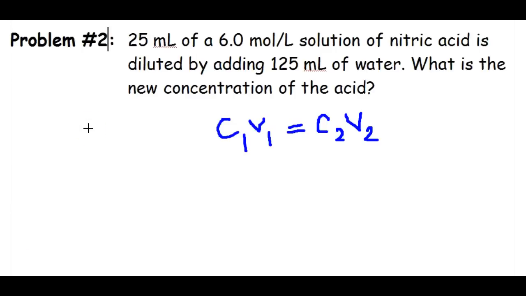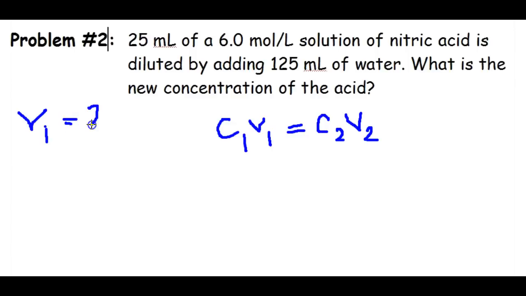Now I think it's a good idea to write out our givens. Now you may not feel the need to do that necessarily, but I think it's good practice. So let's just make sense of what components of this problem are going to be on each side of the equation. So I'm starting with 25 milliliters. Because that's my starting volume, I'm going to call that V1.